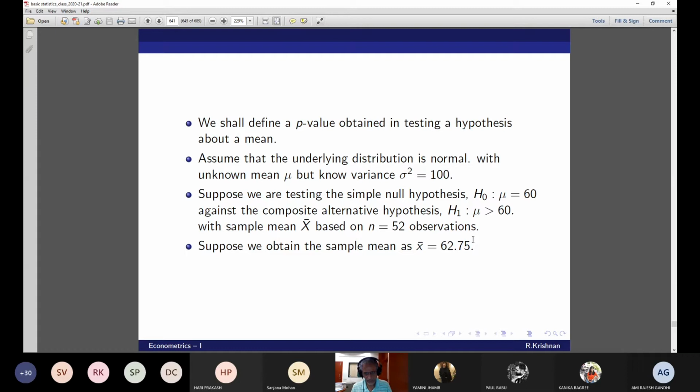62.75. Okay, the null is 60. My question is, can this 62.75 be considered as only 60 or greater than 60? Do you understand the question?